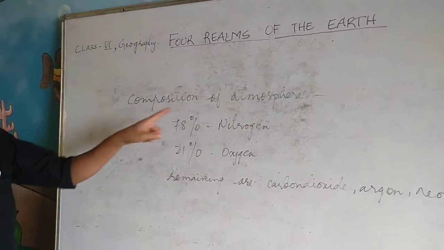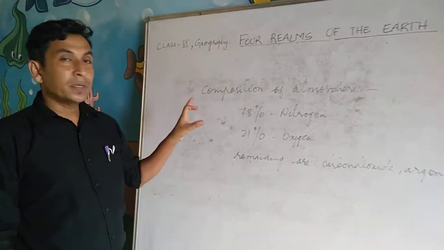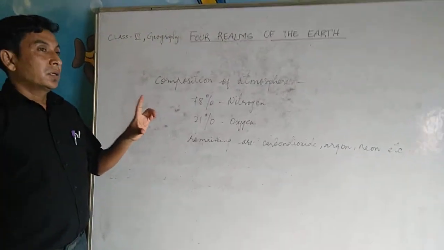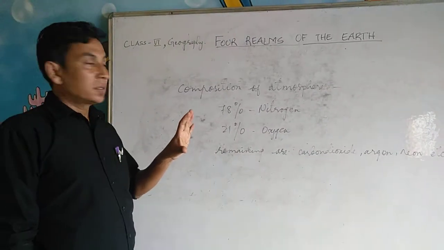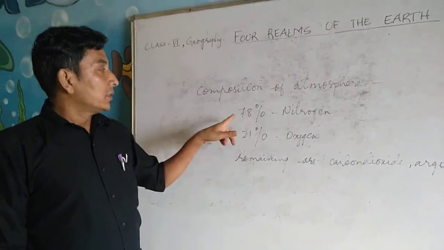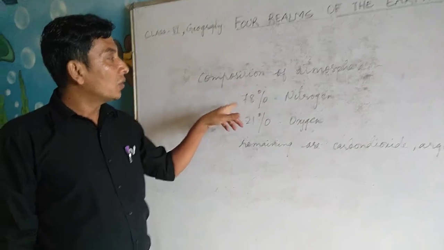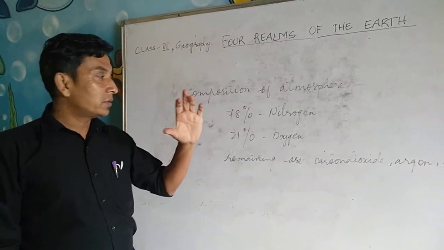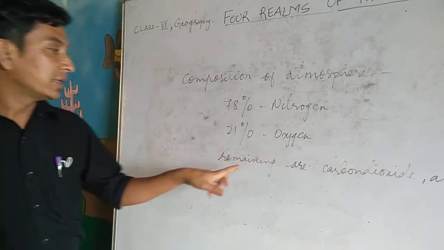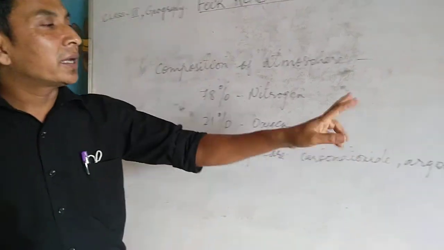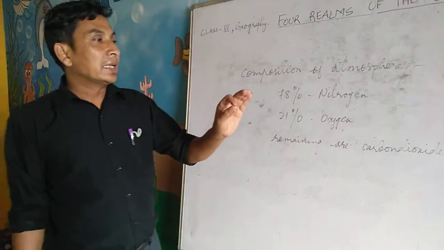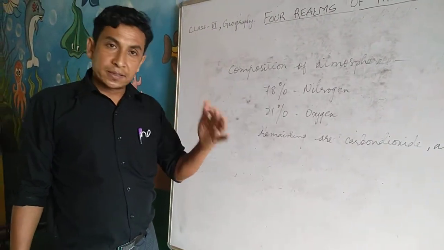Okay. The composition of atmosphere. So atmosphere is the mixture of different gases, as we know. Now we discuss some major gases which form the atmosphere. 78% of all the gases present in the atmosphere is nitrogen, 21% is oxygen, and carbon dioxide, argon, neon, krypton, water vapor, and dust particles make the rest.